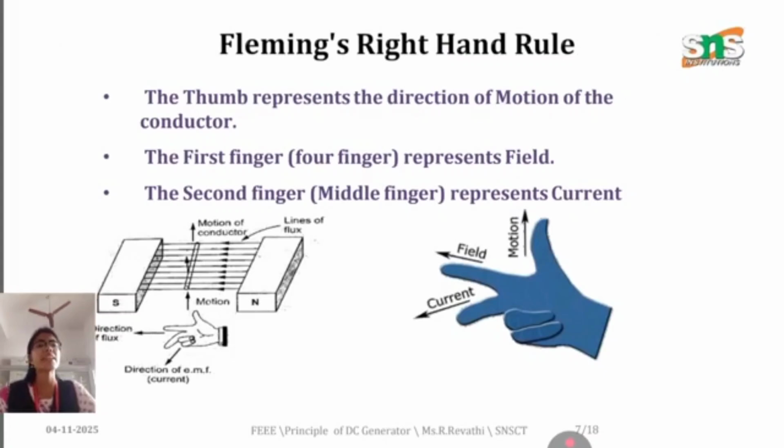Fleming's right hand rule states that the thumb represents the direction of motion, the forefinger represents the magnetic field, and the middle finger represents the direction of current. The north and south poles are placed on either side of the conductor, and the flux lines pass from north to south.